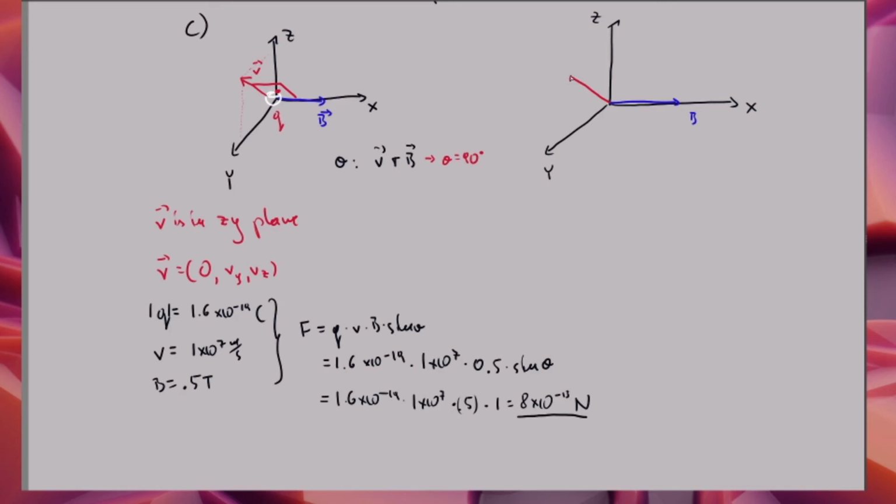So something like this, where here we have that. This is at 90 degrees. Right, and then here we have this piece where that's also at 90 degrees. There. This velocity v is entirely in the zy plane.